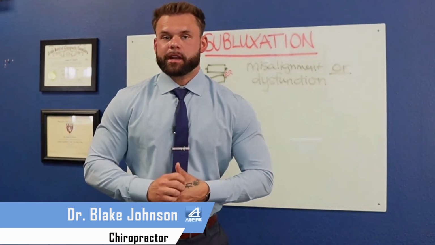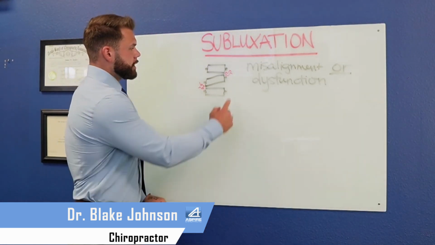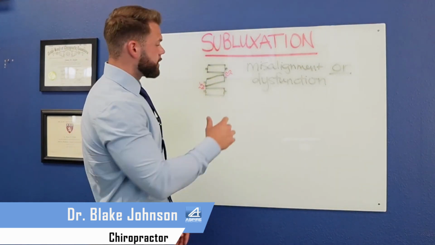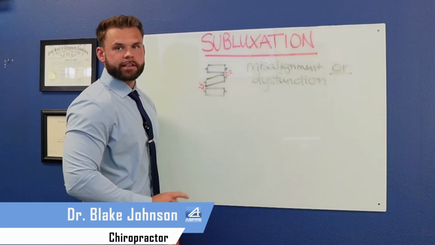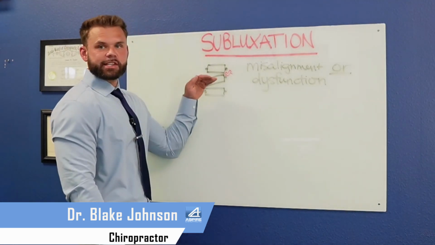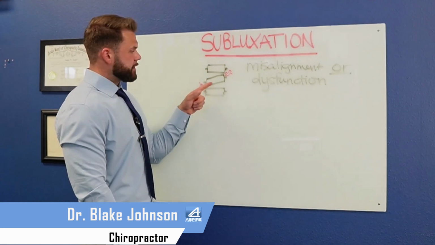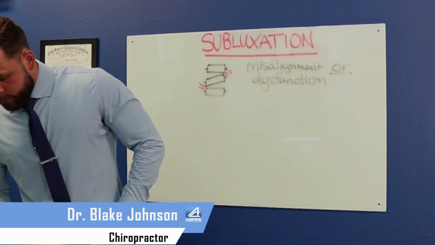So what can that cause? What can a misaligned vertebrae cause? First of all, here's a misaligned vertebrae. Let's say this is T3, that's your mid-back. This is T4, this is T5. T4 is subluxated. It's stuck in that position. These are correctly aligned. This is incorrectly aligned. What does this cause?